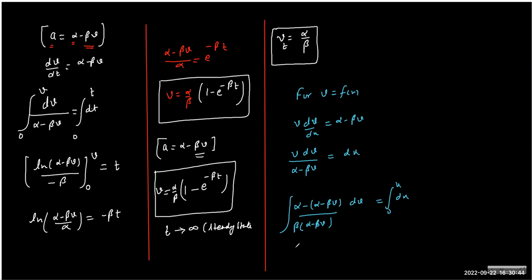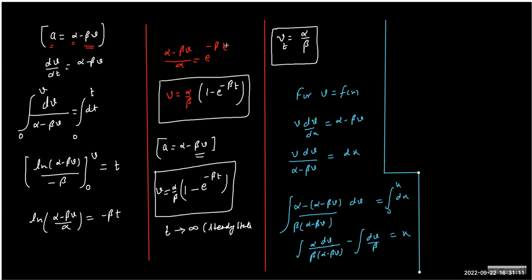But now we can separate the two terms. We can write alpha dv by beta (alpha minus beta v) minus dv by beta, right? So we have alpha by beta we can take common, and this is the answer which we got.